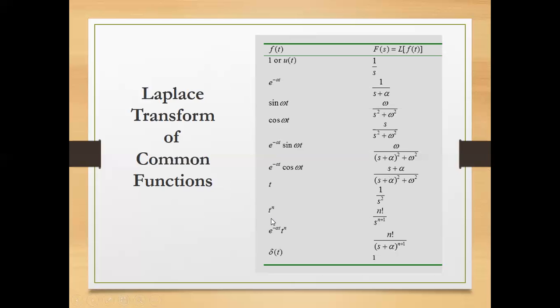The same thing is true when you speak of the t raised to n. This n, by the way, has to be a positive whole number constant. Because the formula when it's transformed is n factorial over s raised to n plus 1. So if this is a 2, this would be 2 factorial over s raised to n plus 1.